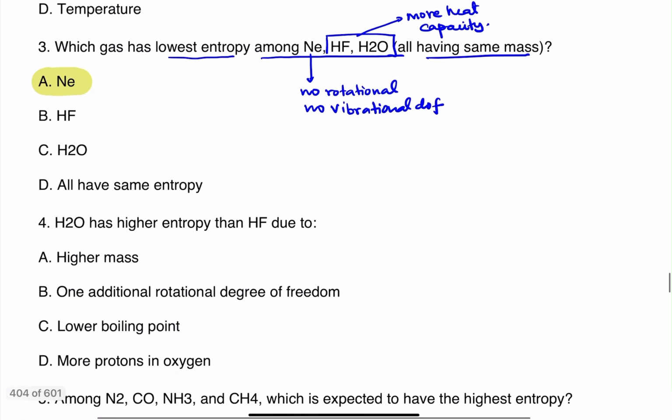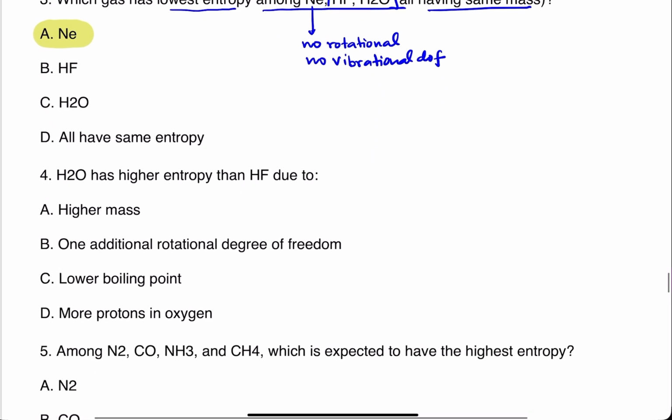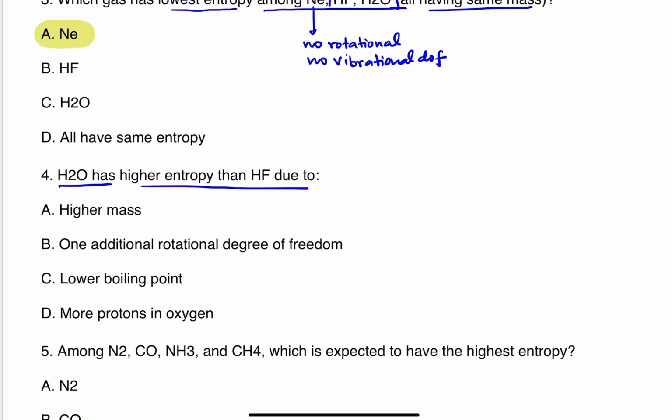Next, water has higher entropy than HF. This is due to what? So if you see, HF is a linear and diatomic molecule, but water is bent. It is polyatomic and non-linear.